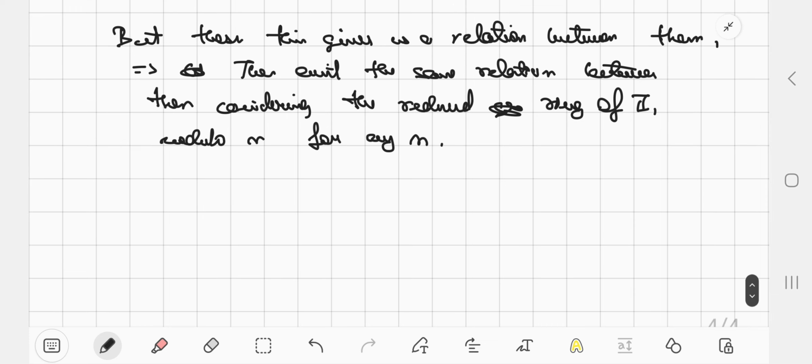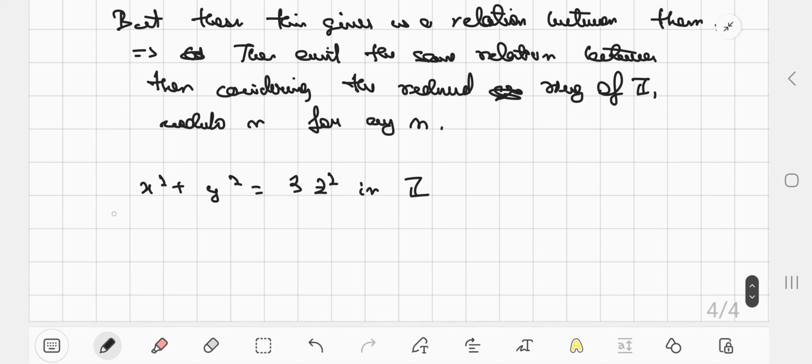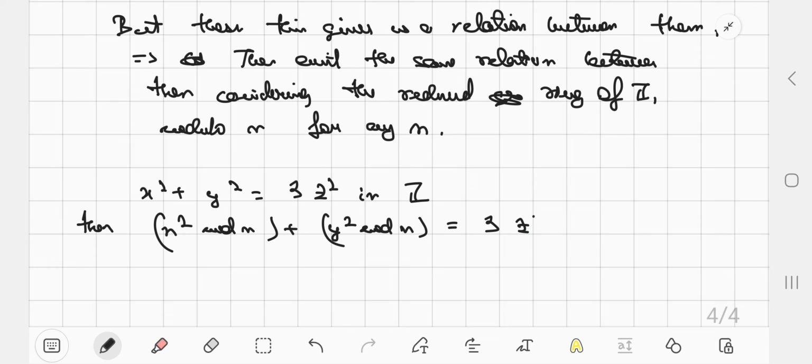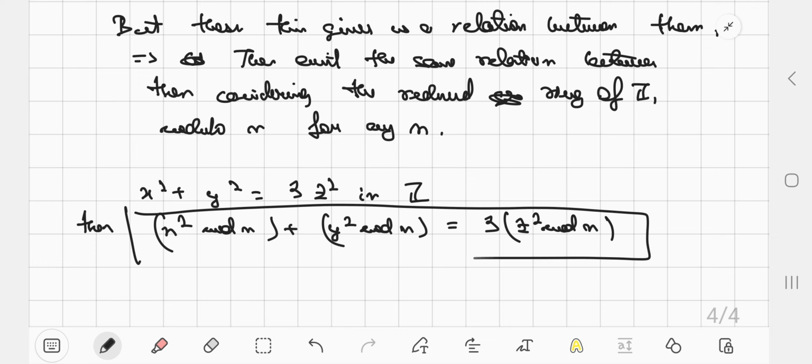What I mean to say is that if x square plus y square is equal to 3z square in Z, then x square mod n plus y square mod n will be equal to 3 times z square mod n, and this whole thing will also be happening in modulo n, so I can write it like this.